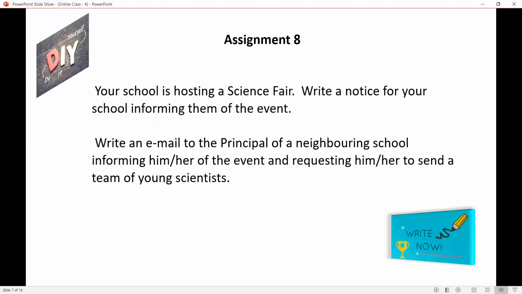Then write an email to the principal of a neighboring school informing him or her of the event and requesting him or her to send a team of young scientists. I want you to write it as soon as possible and submit when the school reopens.